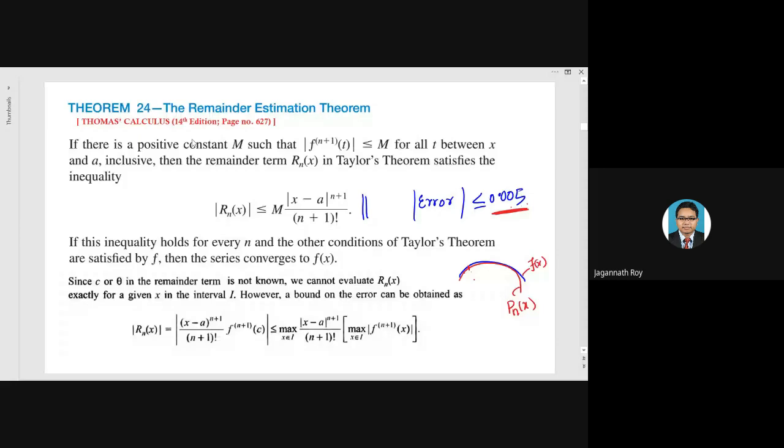Our aim is, for a given x value, x naught, the difference f(x naught) minus Pn(x naught) should be bounded by the error, let us call it epsilon.